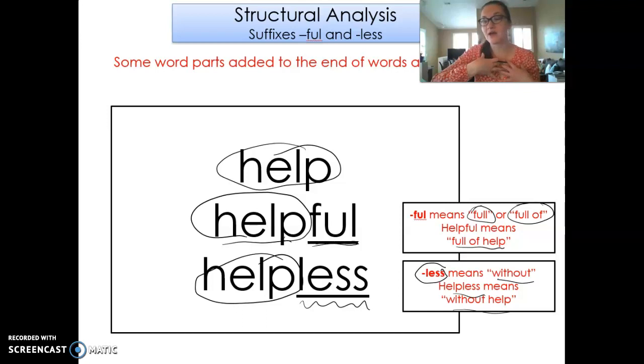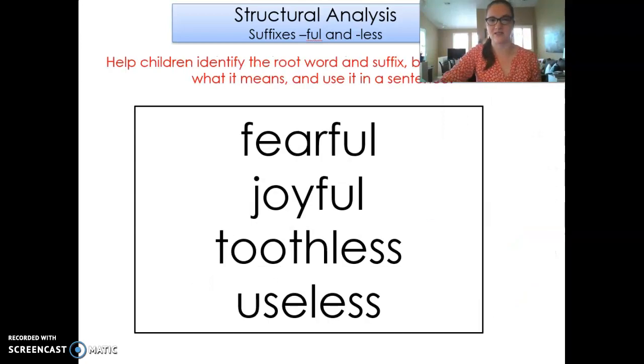So a baby, we might say that a baby is helpless because they are without the ability to help themselves. Okay, they need older people to make sure that they get food, water, that they get clothes and things like that. They're helpless. They can't do it for themselves. Okay, they are without the ability to help themselves. So that is the purpose for suffixes. And we've looked at suffixes before, but it's been a while.